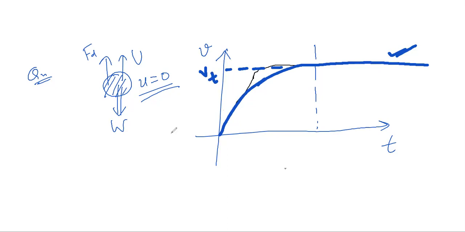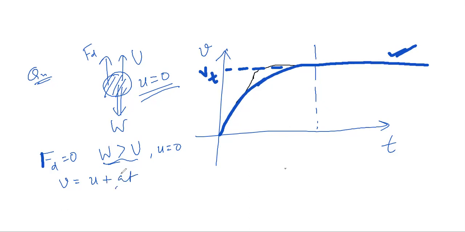Got it now? See, what is happening is initially this drag force is 0. Now, this W is greater than U. So in the starting when U is equal to 0, after some time velocity is increasing, so V is equal to U plus AT.